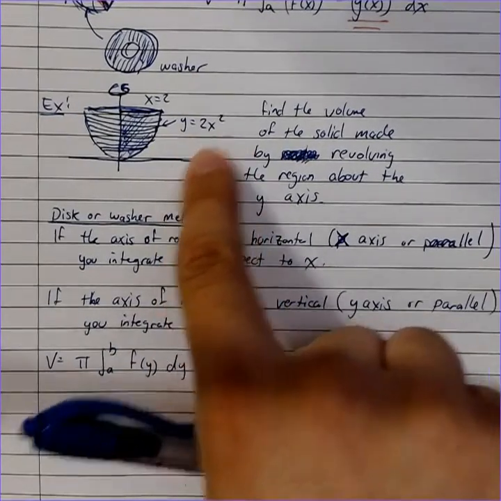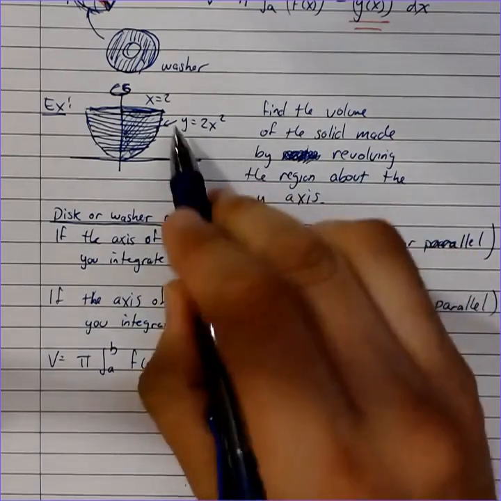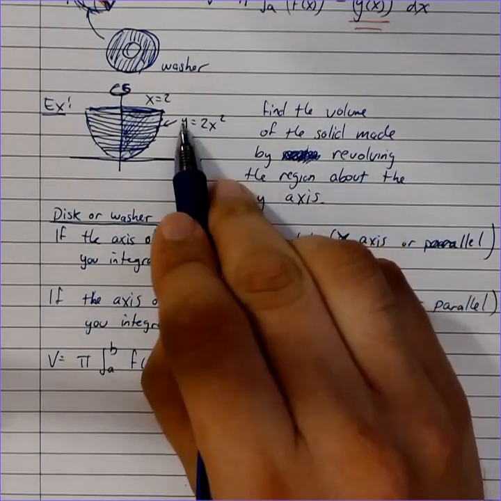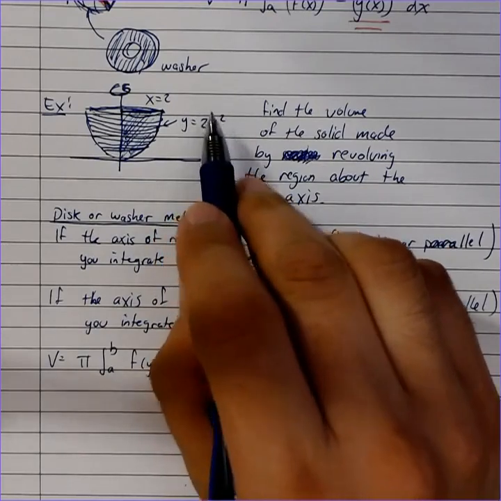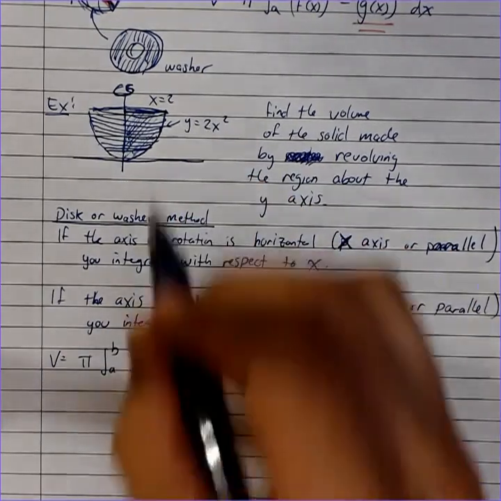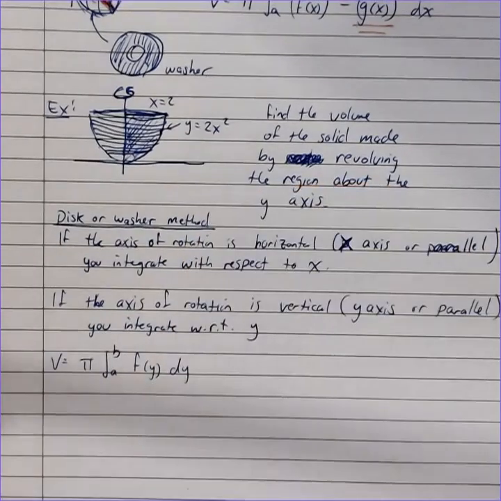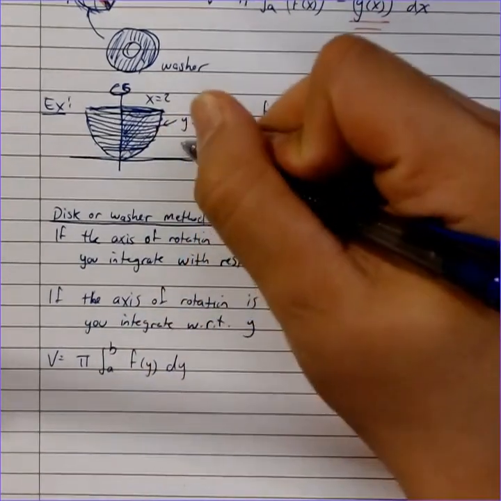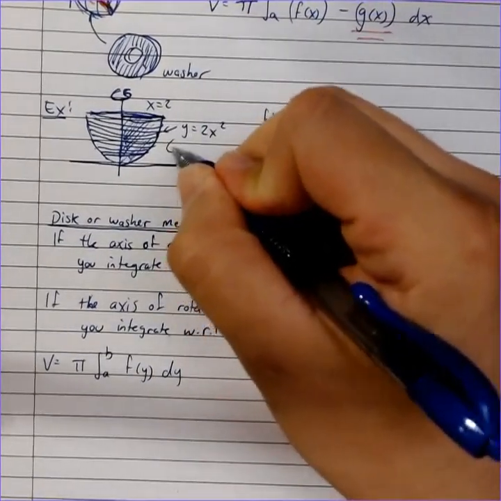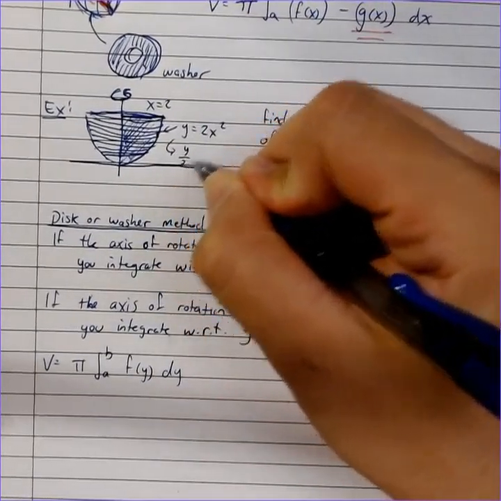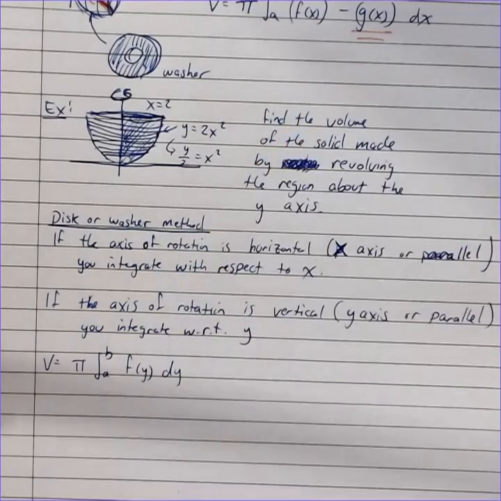Well, yeah, so invert it. Here, the reason this is a function of x is because y is given by some expression that involves x. If we want a function of y, we invert this. Divide both sides by 2. That's going to give us y over 2 equals x squared.